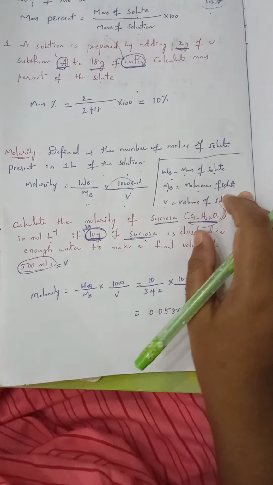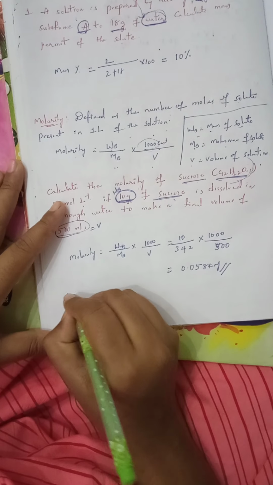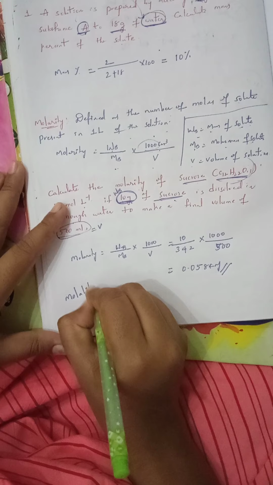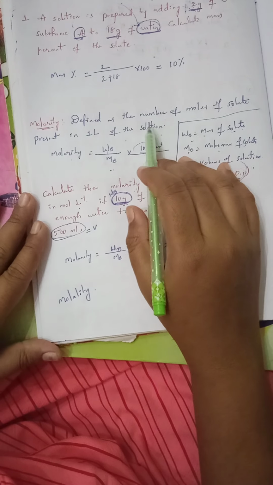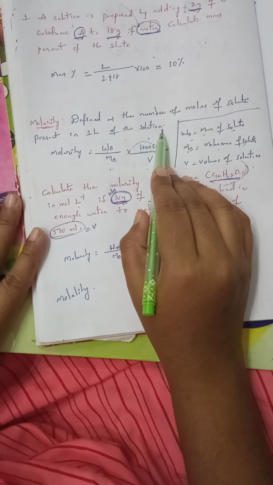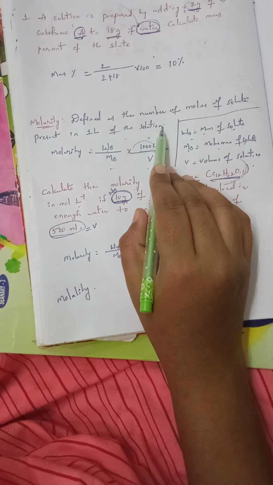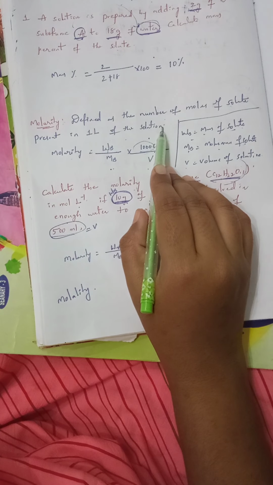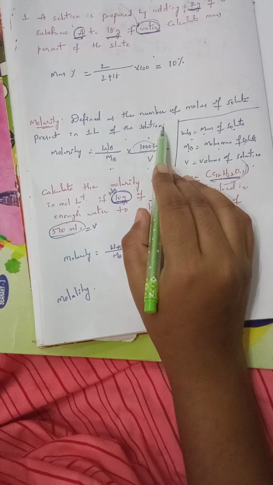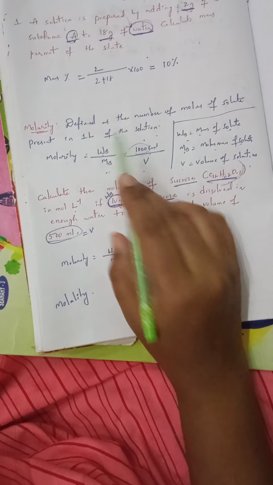In the same manner we can also give one more term, that is molality. It is defined as the number of moles of solute present in 1 kg of solvent. In place of 1 liter, if you take 1 kg, you will get molality.